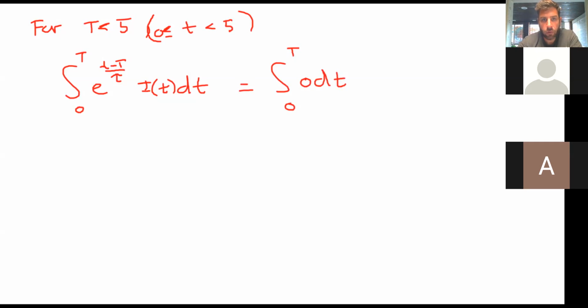So what's the integral from 0 to t? Don't get confused. I don't want to say it's easy, but there are that many places you can make an error here if you go too quick.